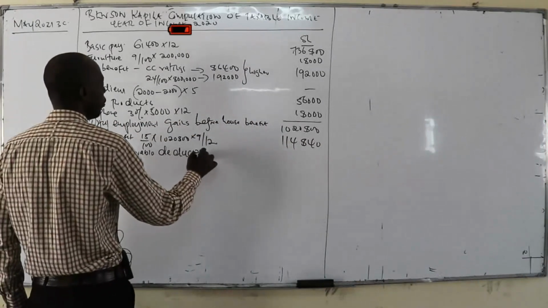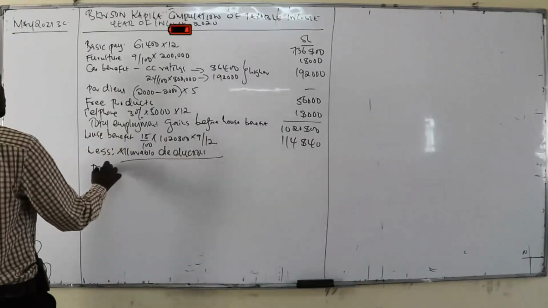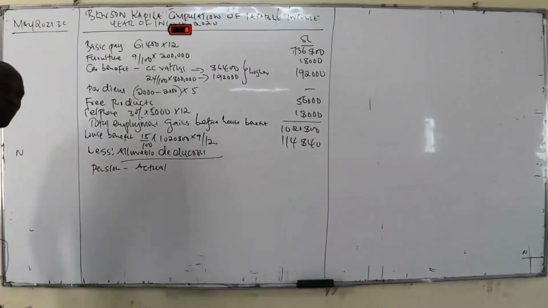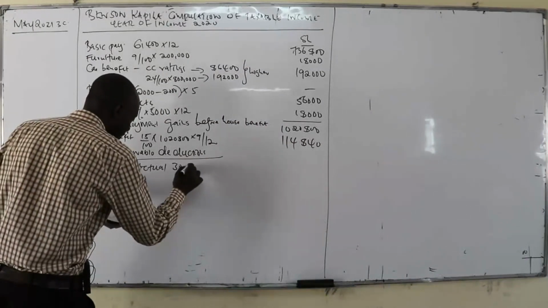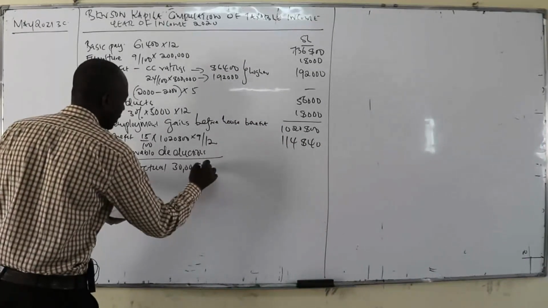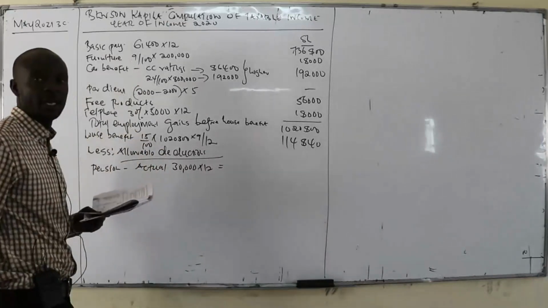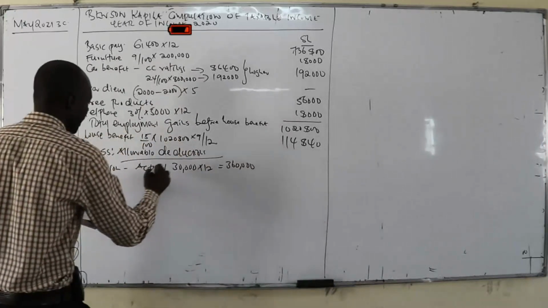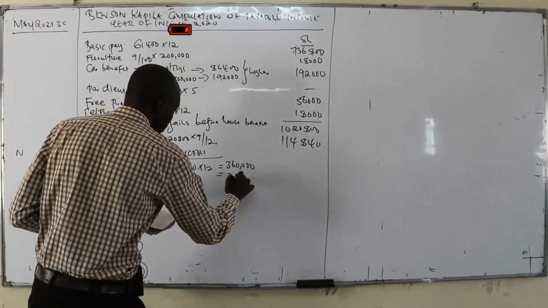At that point now you come here and say less allowable deductions. So the first one is pension. He was contributing to a pension scheme. So the actual contribution he was making himself, not the employer. He was contributing 30,000 per month, and then you multiply by 12. So this one is 360,000, for the whole year. And then there is the set limit, which is 240,000.